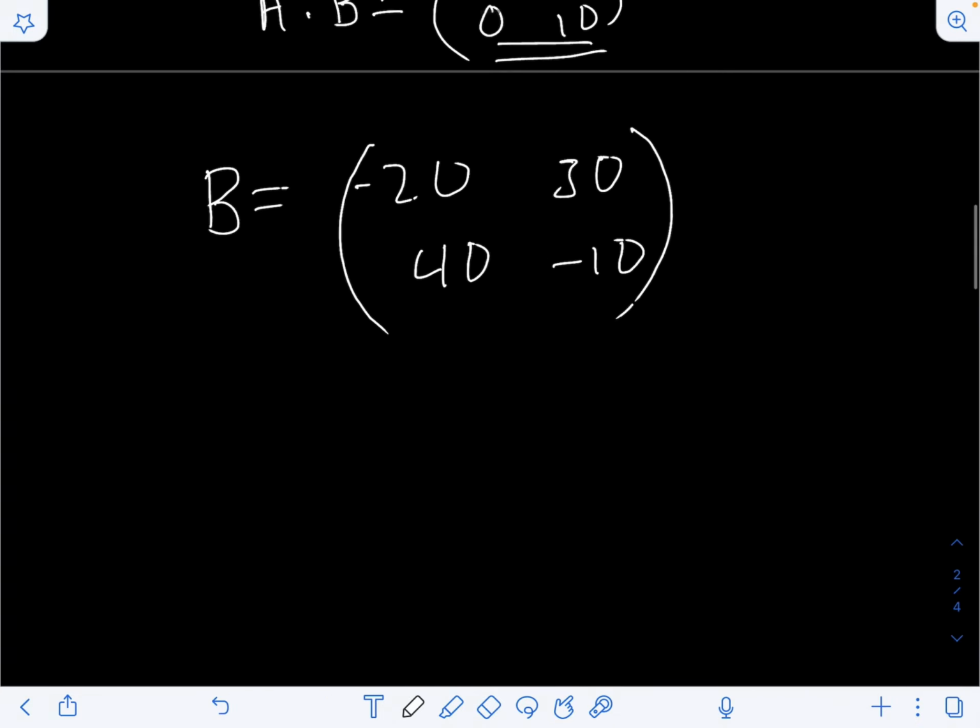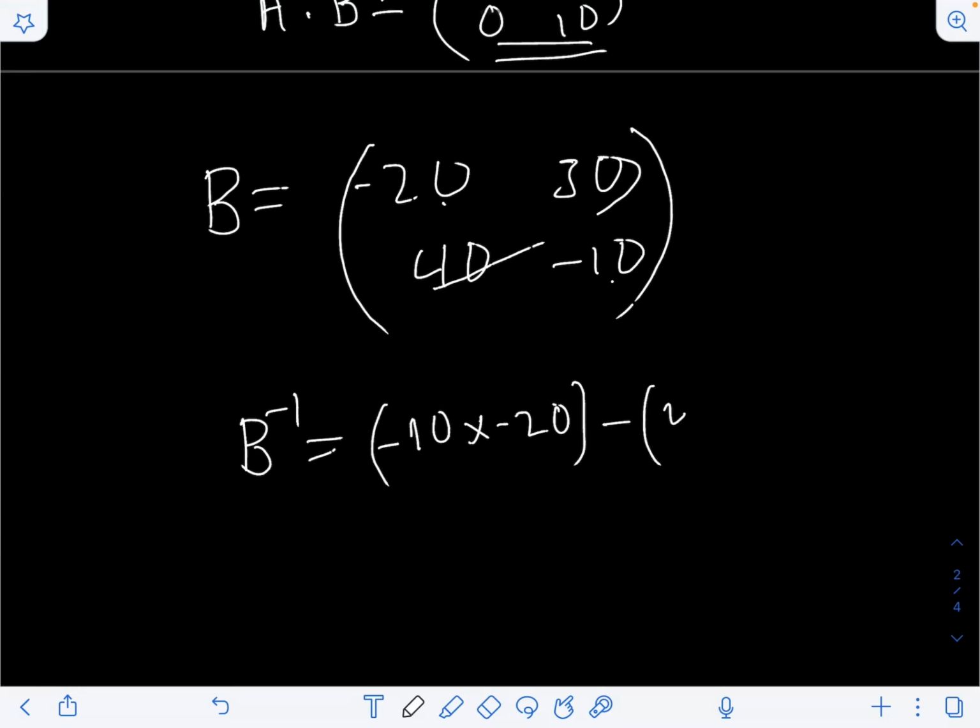Then let us find the inverse of B. For the inverse of B, we have to find the determinant first. To find the determinant, we multiply this diagonal to that diagonal minus the other diagonal. So negative 10 times negative 20 minus 40 times 30.